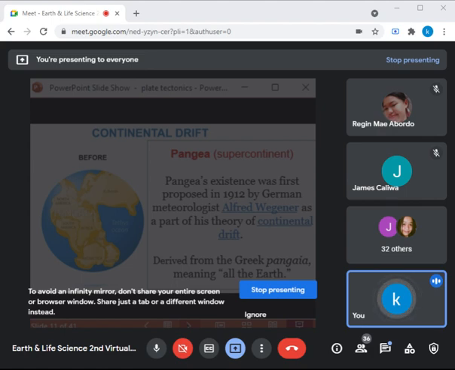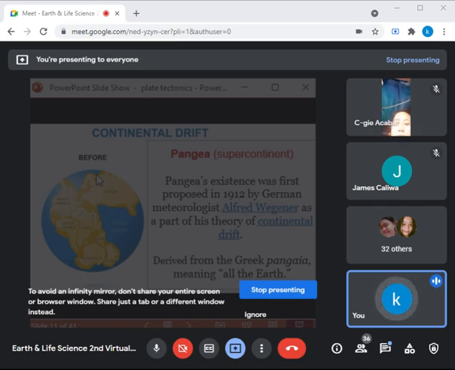So as you can see there on the screen, before the continents were incorporated or they were one. Kita ninyo diha, no? North America, South America, Africa, Antarctica, Australia, India, Eurasia, they were all one big landmass. Okay, that we call it Pangaea.